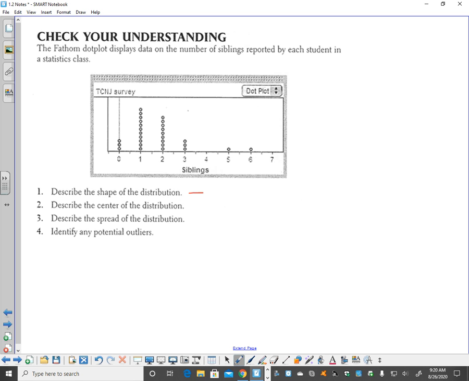All right, shape, I'm going to say skewed right, unimodal. Center, median. Let's see, if I count, there are 28, I think, so I'm looking for the 14th piece, and that's at 2 siblings.